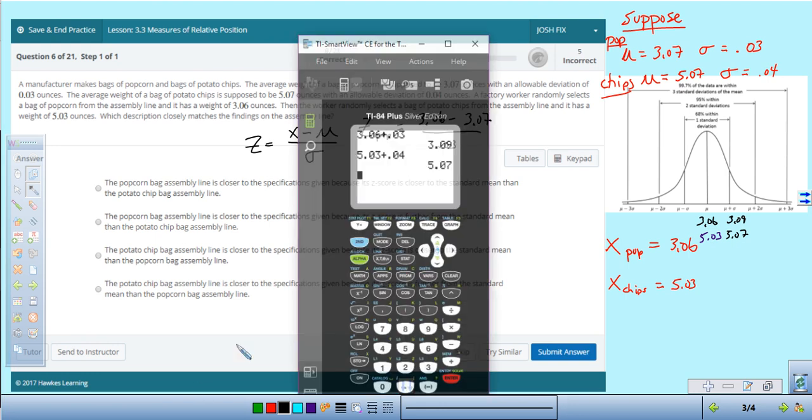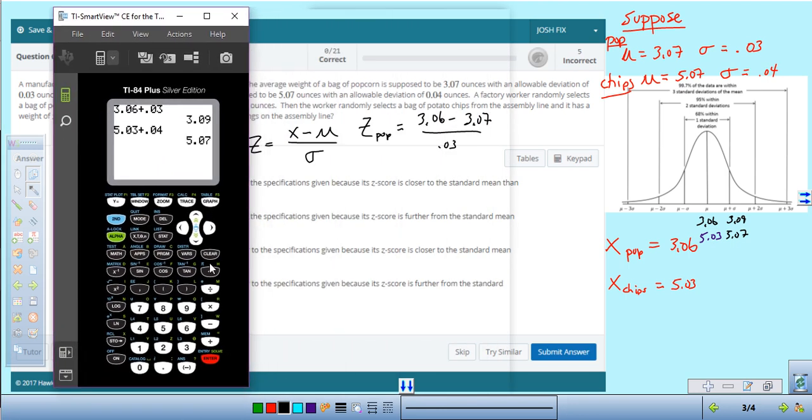We pull out our calculator. So we got 3.06 minus 3.07, and we divide that by 0.03, and we find out that we have a z-score.